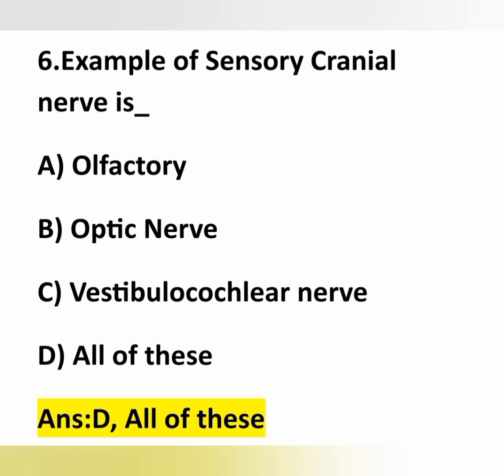There are 12 pairs of cranial nerves. Among these, some are purely sensory, some purely motor, and some both sensory and motor. Here olfactory nerve, optic nerve and vestibulocochlear nerve are examples of sensory cranial nerve.